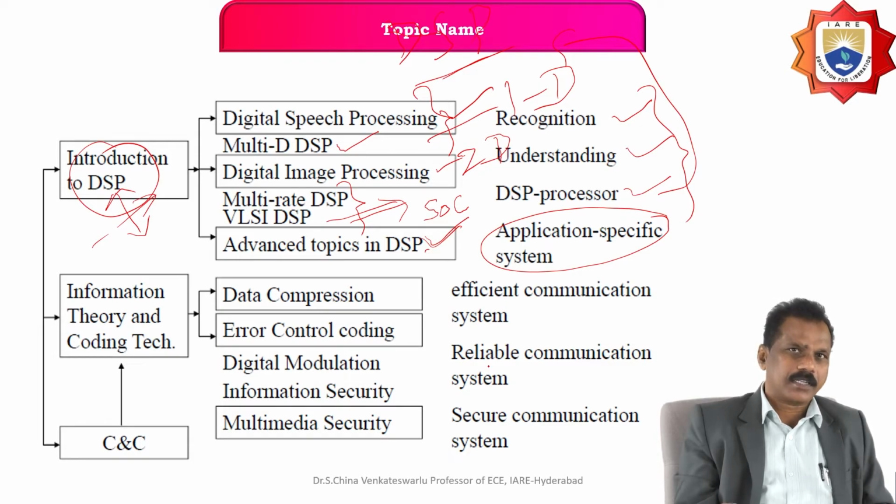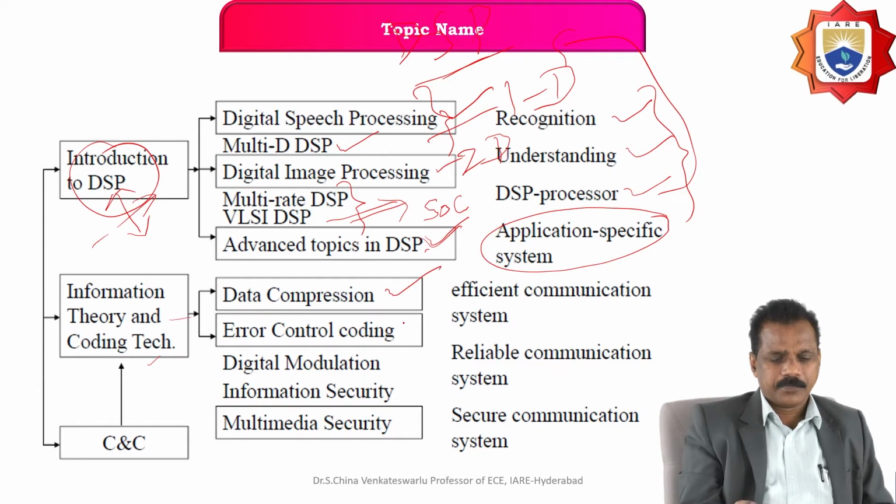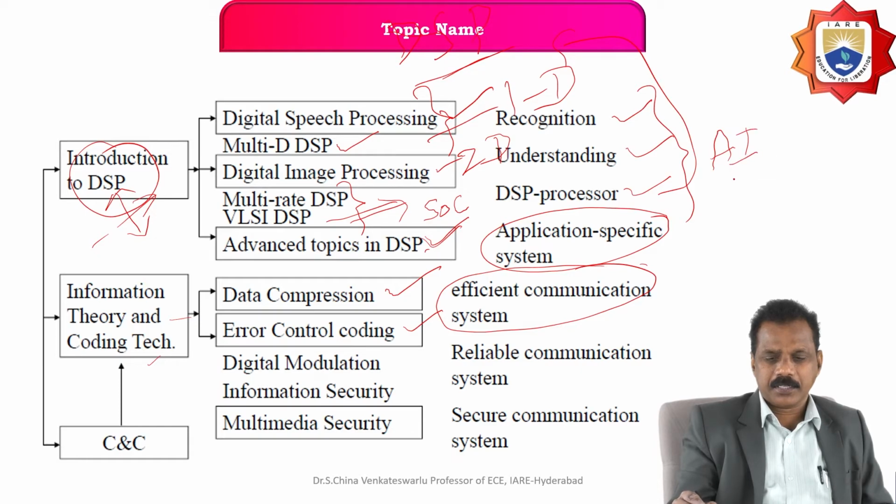After that, DSP is interlinked with information theory and coding technology. So it involves data compression and error control coding. It is also used in all efficient communication systems, where accuracy of information, recognition and understanding matter.